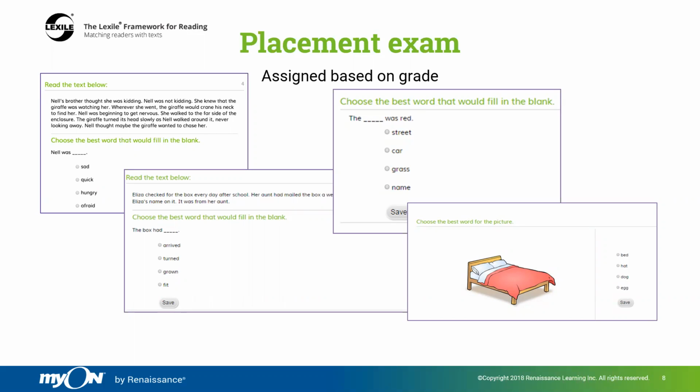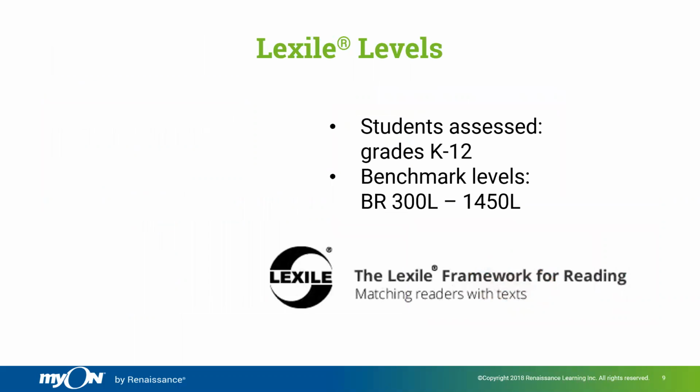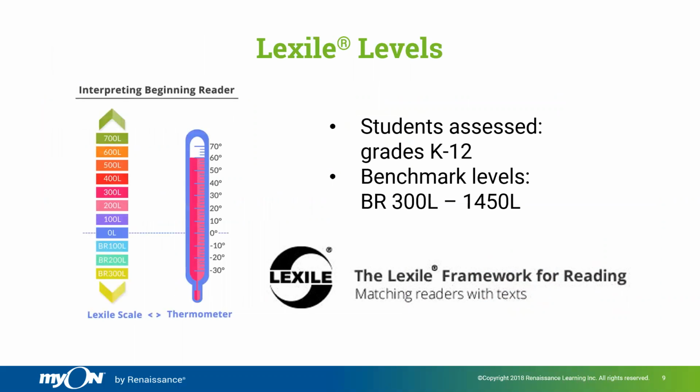Now, when this test has been completed, the students are going to be given a Lexile level, which shows you their comprehension in English. Now, the Lexile level is going to be represented with a number followed by the letter L, as you can see with the scale that we have on the left-hand side of the screen.